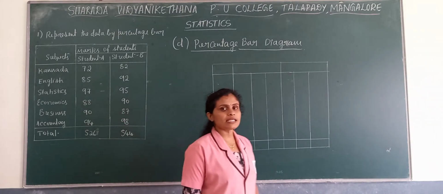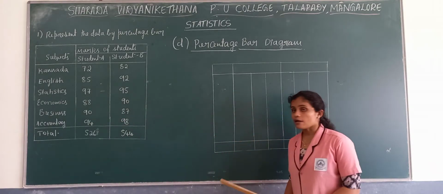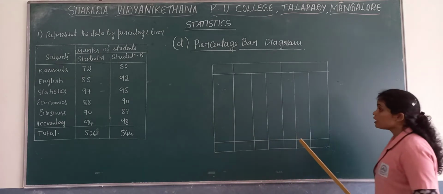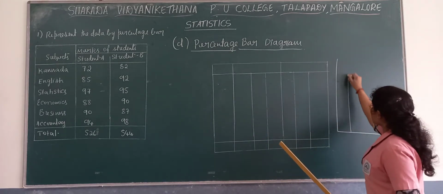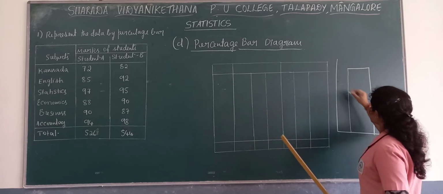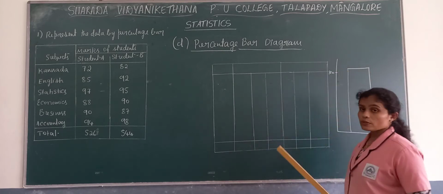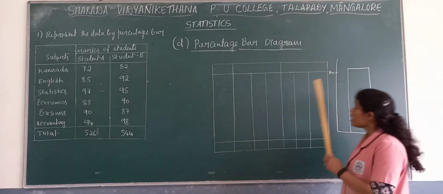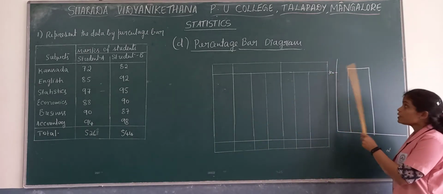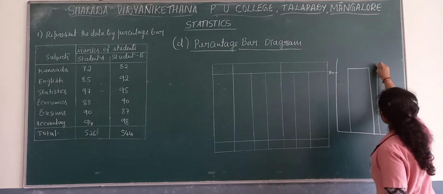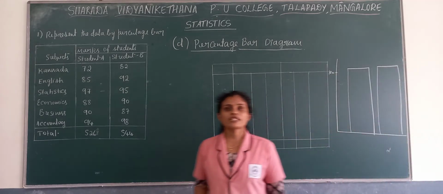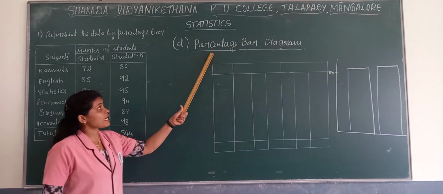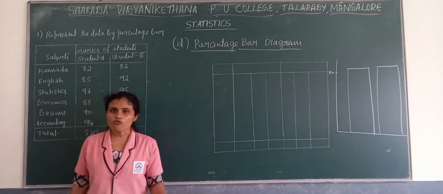But in case of percentage bar diagram, firstly the length of the bars is always 100. Length of the bars, in the sense the height of the bars, will be drawn to 100. Whatever may be the bars, the height will always be 100. Percentage means we always calculate percentage on the basis of 100.